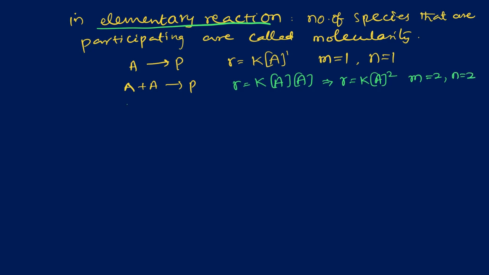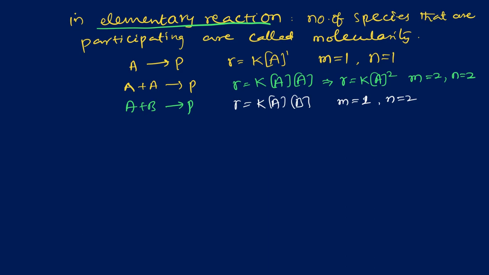Next, A plus B gives rise to product, then this can be written as rate is equal to K[A] power 1, [B] power 1. So molecularity is equal to 2 and order is also 2.